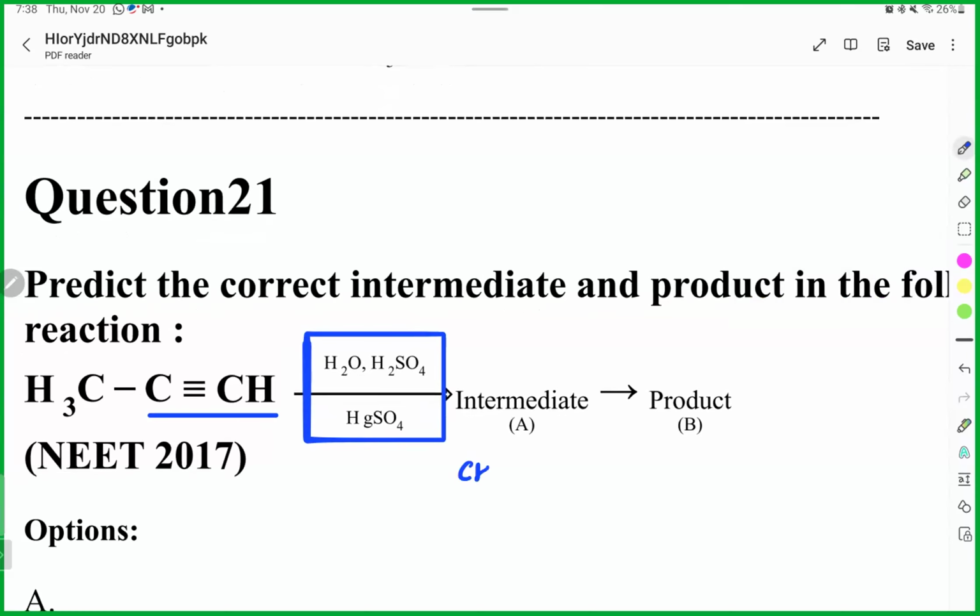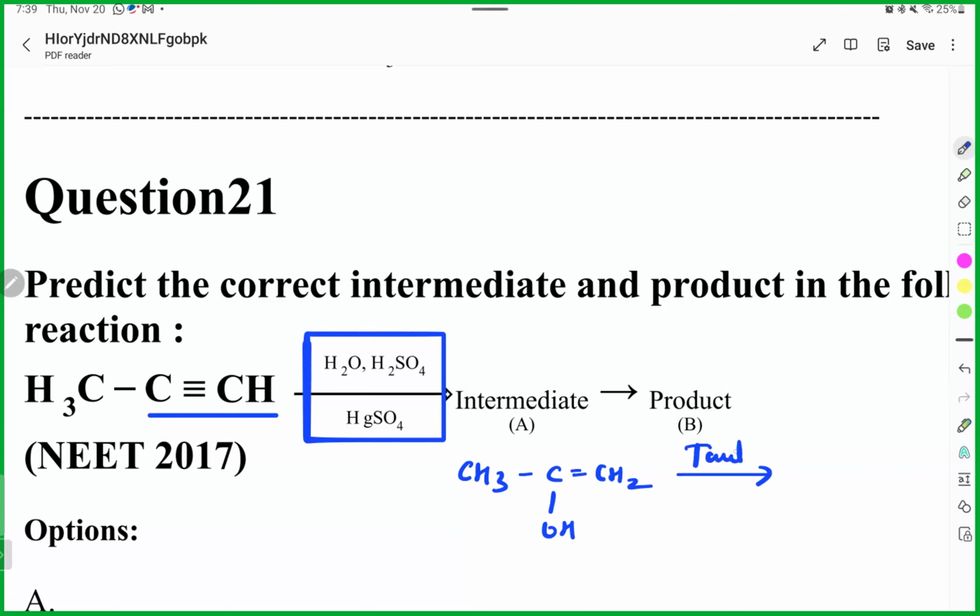Okay, so CH3, C(OH), double bond CH2. This is what you are saying. I think this will be it. And what will be the product? Tautomerization.